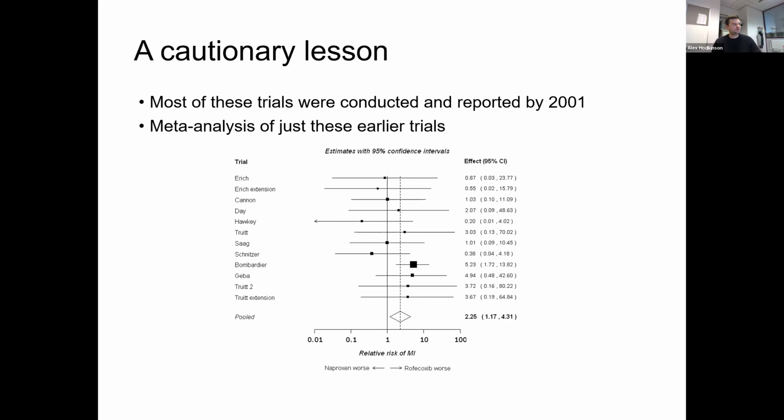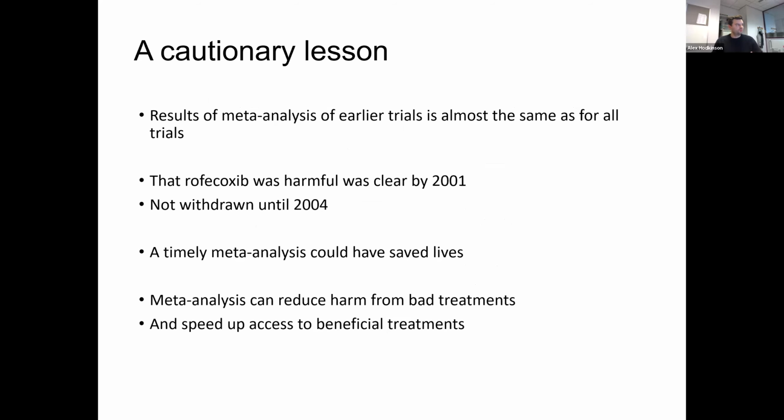So in theory, we could have withdrawn this drug from the market a lot earlier, and it was pretty clearly harmful by the year 2001. So we had another 3 years of prescribing this intervention to patients, and we've no account of how many deaths this could have caused. This really emphasizes the need to conduct timely meta-analysis and post-marketing surveillance.